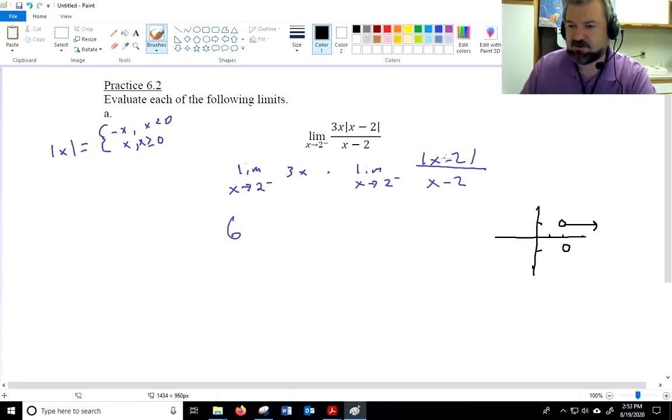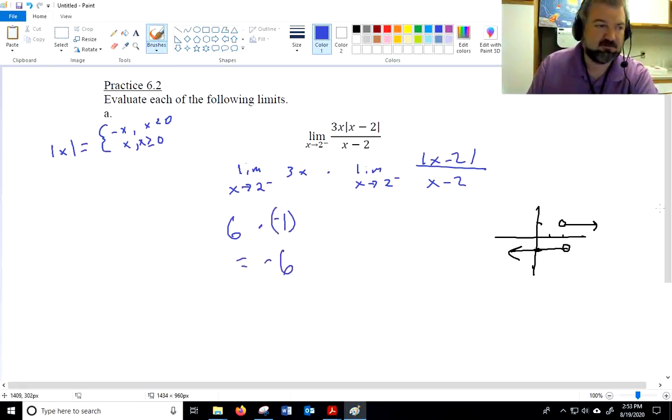And then down here, when x is less than 2, you'll have a negative number down here, but a positive number because of the absolute value, so we're going to evaluate to negative 1. So if I'm coming from the left, I'm going to be going towards negative 1 here on the y value. So this is going to be 6 times a negative 1, making this a negative 6. Okay? Challenging, but those are good, important concepts for you to know.